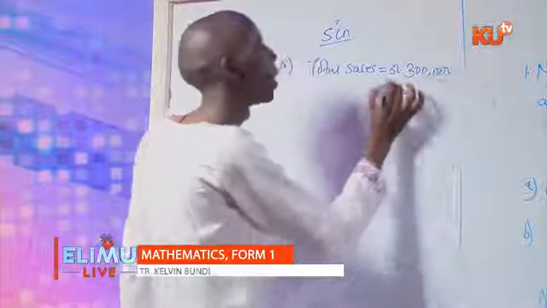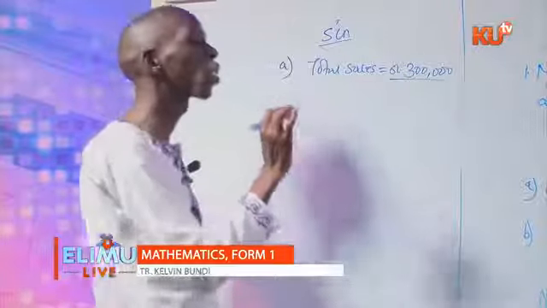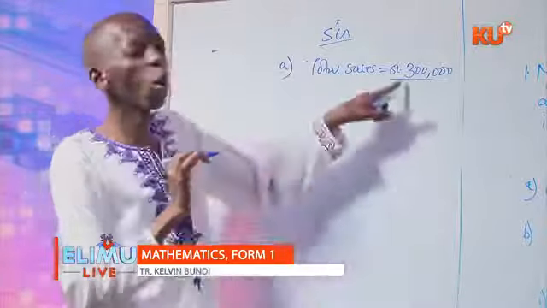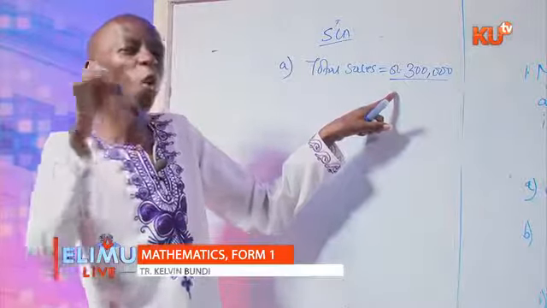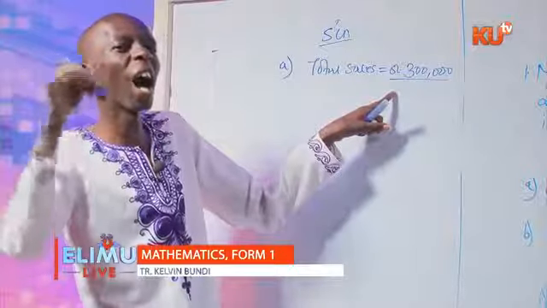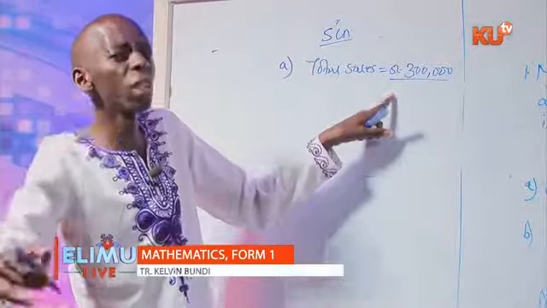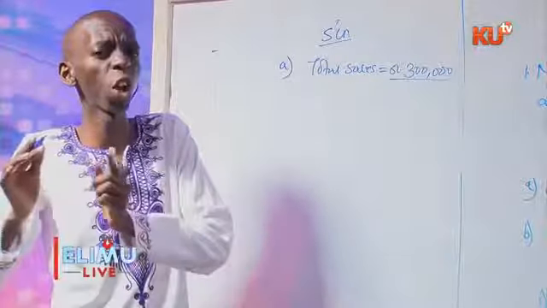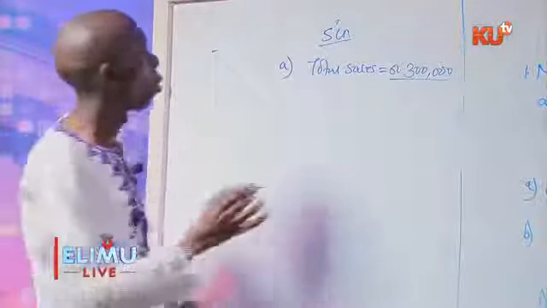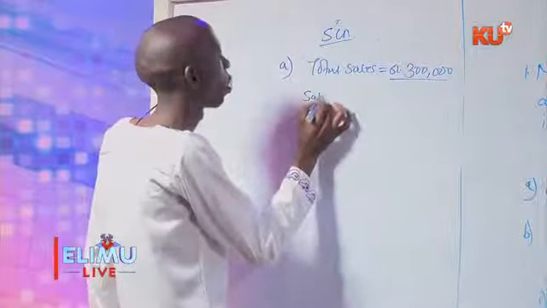My dear student, the total sales she made that month is 300,000. But Nyambura is not going to get commission from 300,000 because she gets commission for sales above 120,000. So for us to get the sales from which she is going to get the commission, we'll subtract.